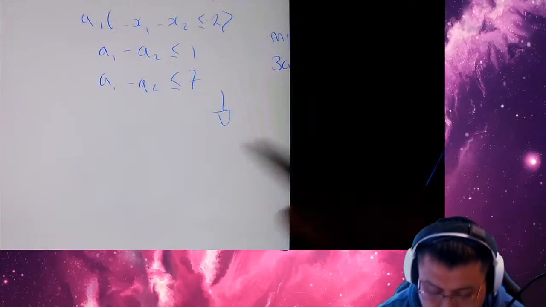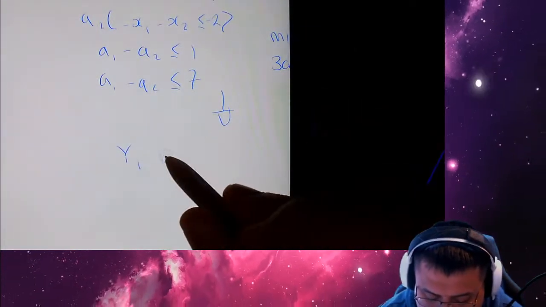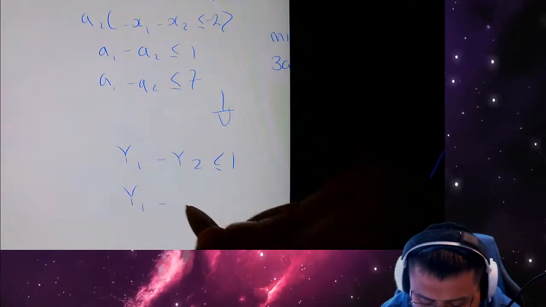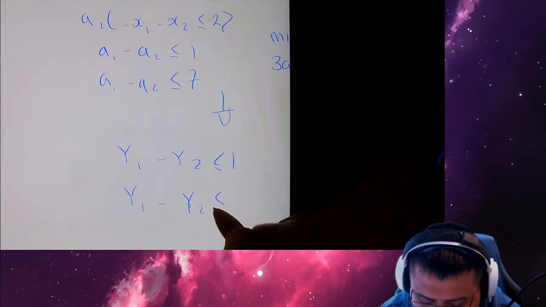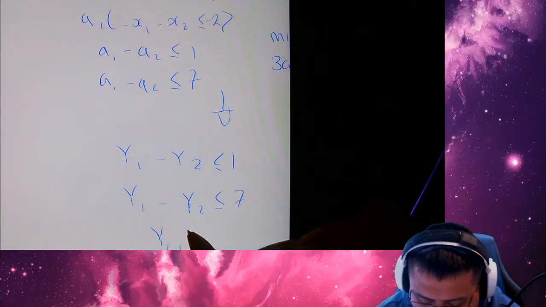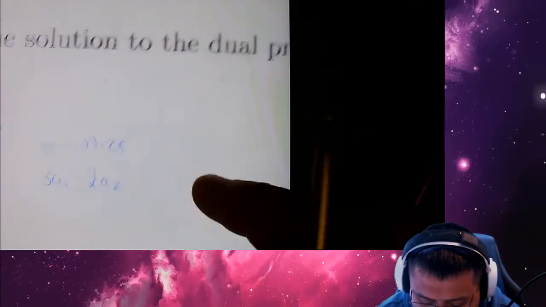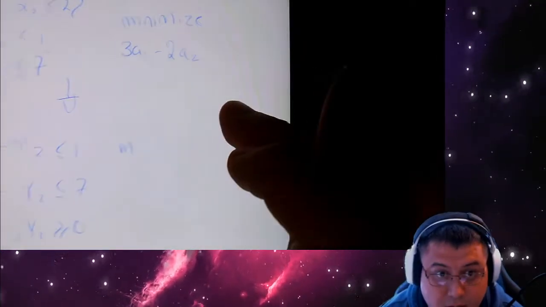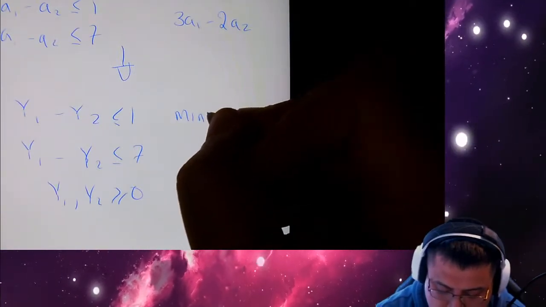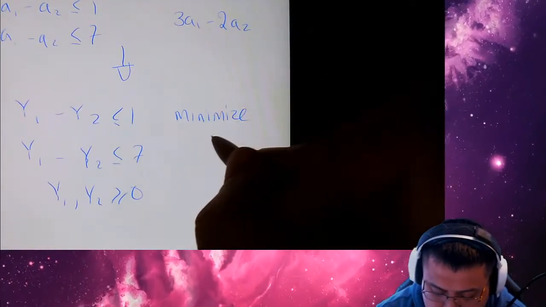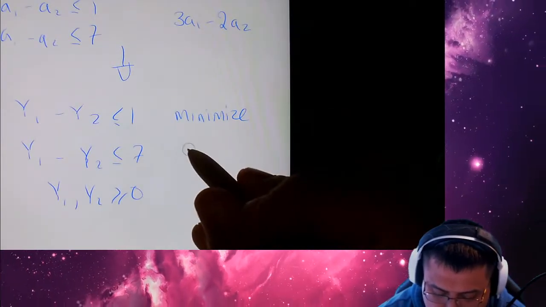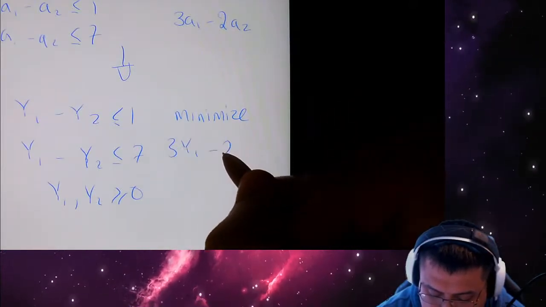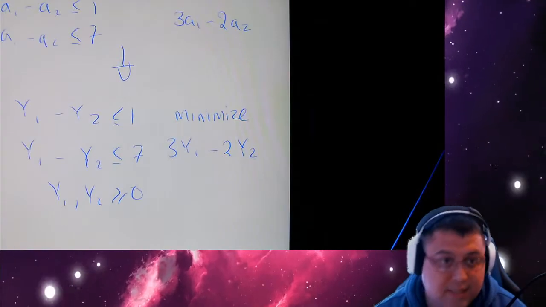So we'll have y1 minus y2 less than or equal to 1, y1 minus y2 less than or equal to 7, where y1 and y2 are greater than 0, and we're going to minimize 3y1 minus 2y2, and that's how you do that.